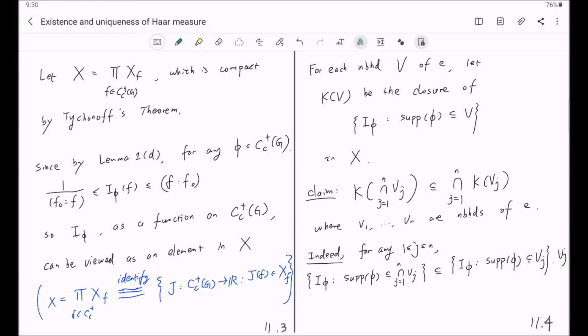Now, by our definition, K of V is the closure of those I sub phi's where the support of phi is contained in V. So the closure of the left-hand side is precisely this, and the closure of this is precisely each K of V_j. Since we have this containment, by general topology, we also have this containment for the respective closures.